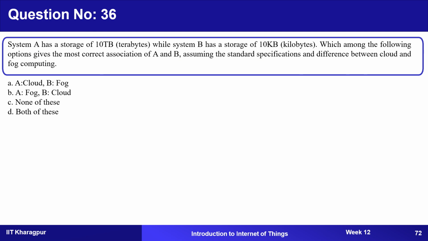Next question is, system A has a storage of 10 TB while system B has a storage of 10 KB. Which among the following options gives the most correct association of A and B, assuming the standard specifications and difference between cloud and fog computing? A is cloud, B is fog; A is fog, B is cloud; none of these; both of these. A will be cloud and fog.